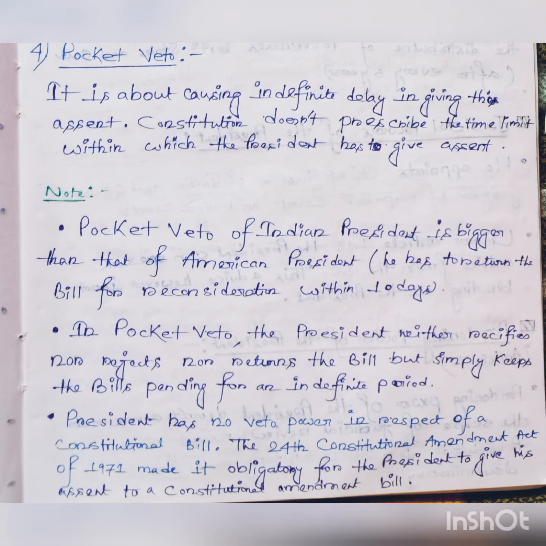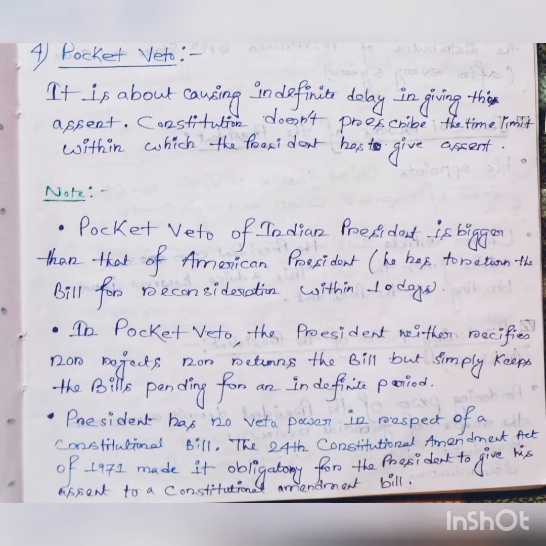He has to return the bill for reconsideration within 10 days. Number 2, in the pocket veto, the President neither ratifies nor rejects nor returns the bill but simply keeps the bill pending for an indefinite period.